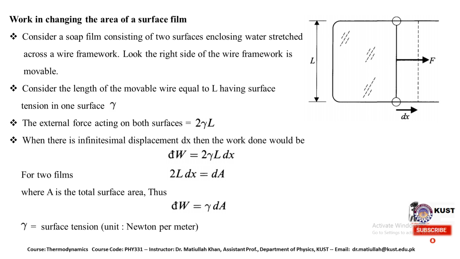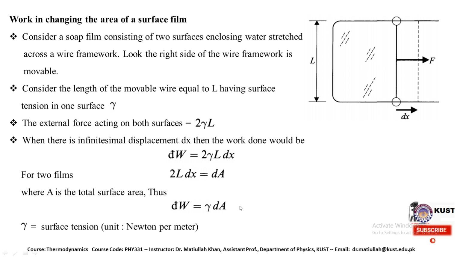So dW = 2 gamma L dx. If we consider that we have two films, the area is 2L dx = dA, so it is very simple, and the infinitesimal work done will be equal to gamma dA.